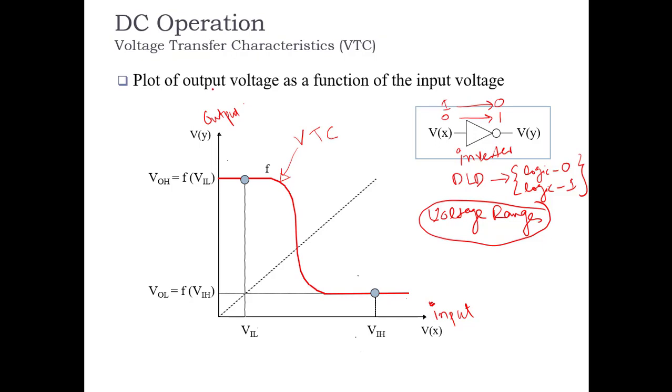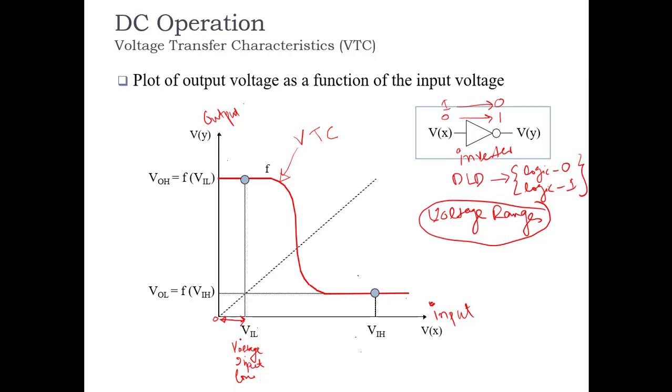Let's say that I want a 0 to be present on the input. When I want to give a 0 as an input to the NOT gate, the 0 should be in this range. It should be between 0 volts and VIL volts, where VIL means voltage input low.